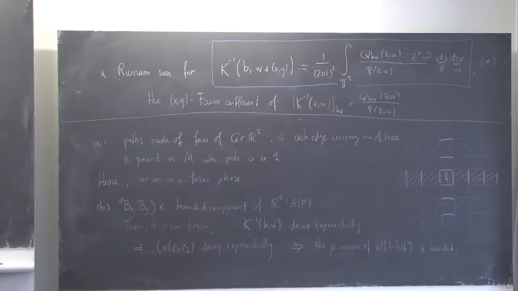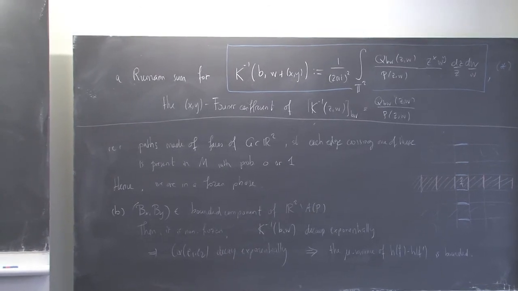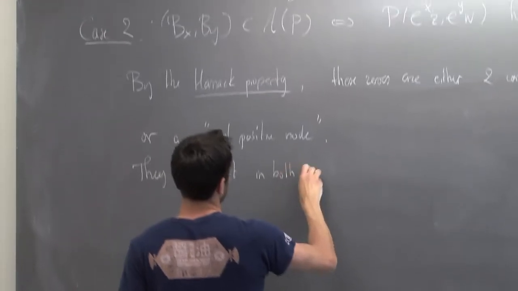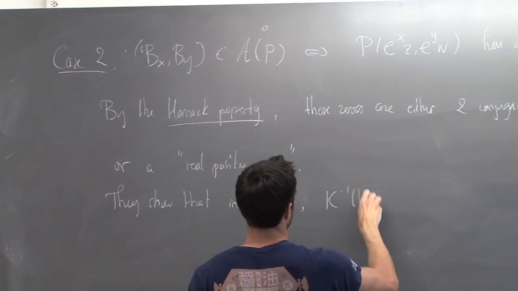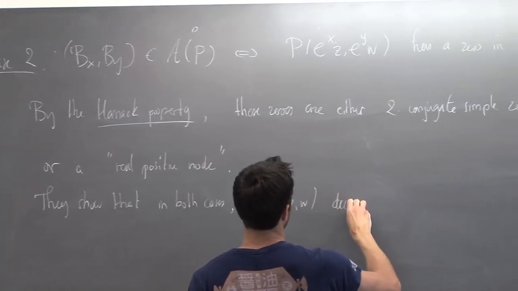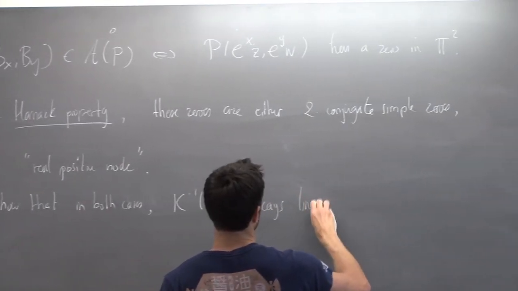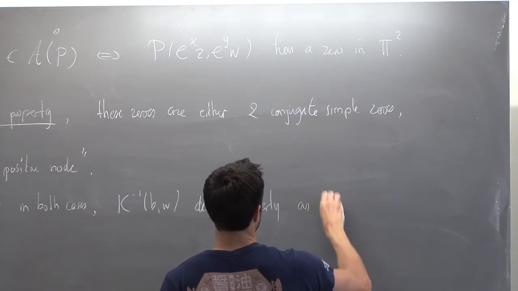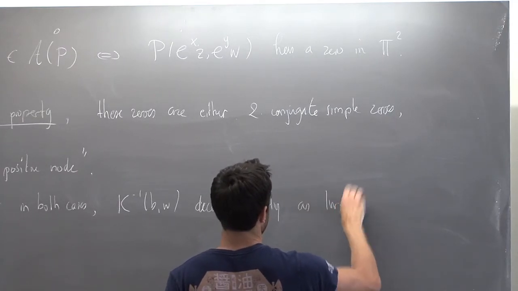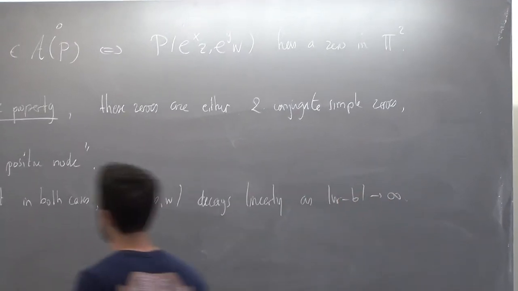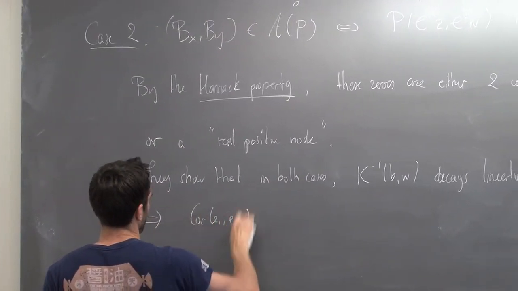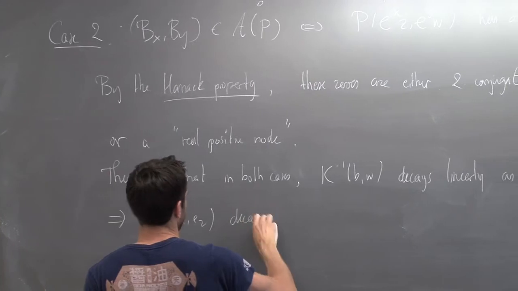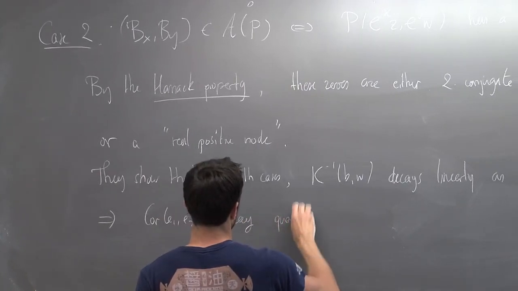So they show that in both cases, K inverse BW decays linearly as W minus B goes to infinity. So it means that the covariances will decay quadratically.